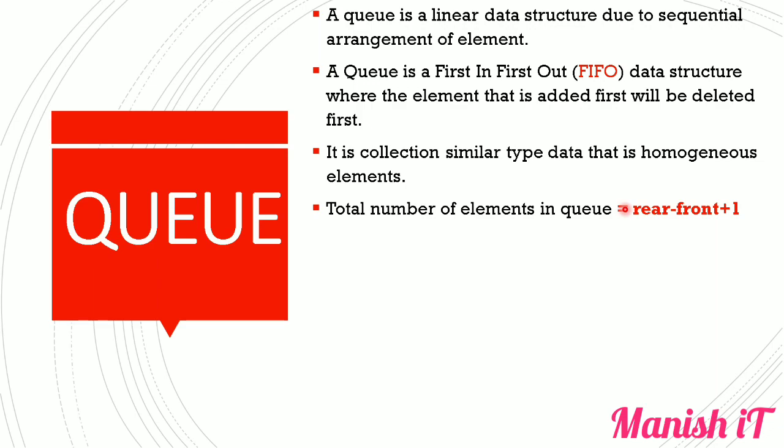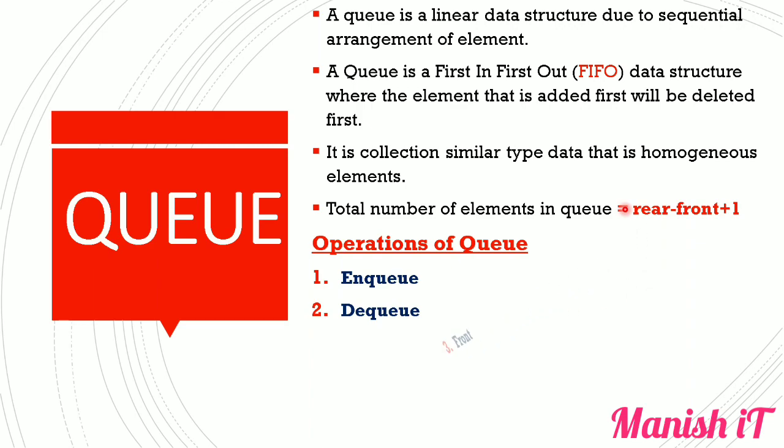Here we observe some operations of a queue. The first is NQ, second is DQ, third is front, fourth is rear, and fifth is traverse. Front and rear at the beginning of the queue always point to the 0th location.